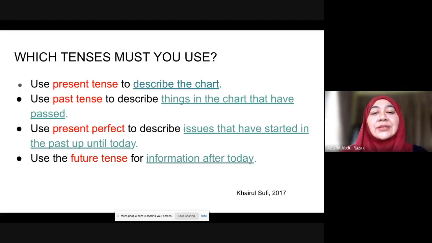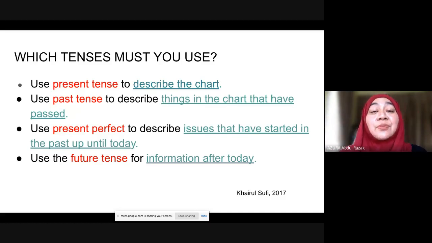All right, now let's go to the tense part. This is the part where some students get it mixed up, isn't it? It's kind of confusing sometimes. So what you do is the present tense is used to describe the chart, the overall chart. The past tense is used to describe things in the chart that have passed, things that have happened before but are not happening now.